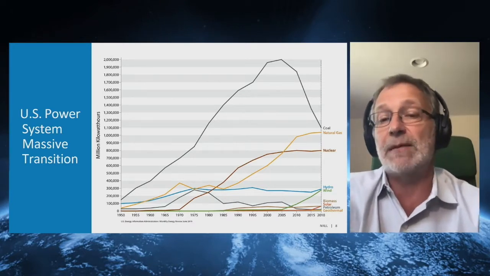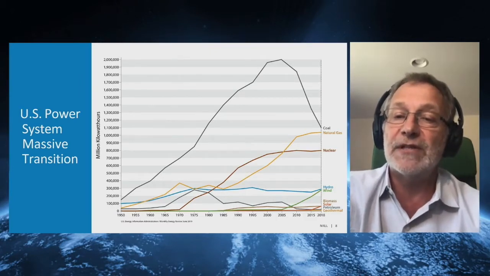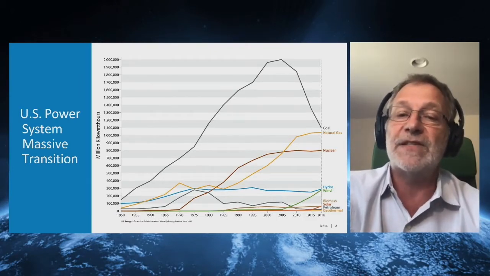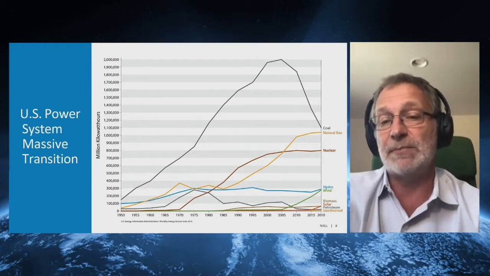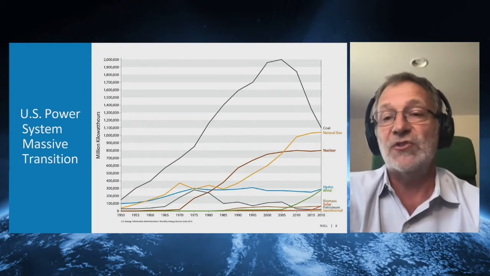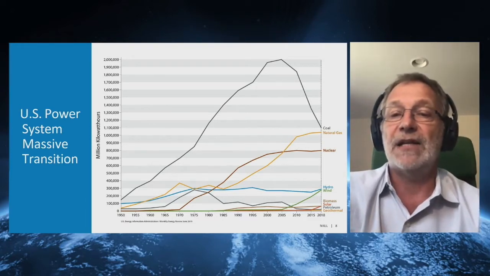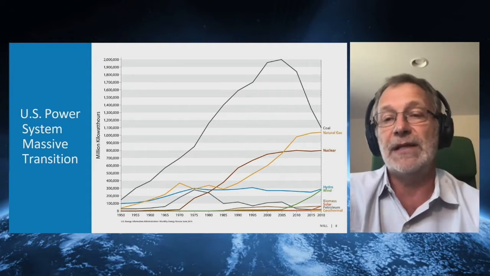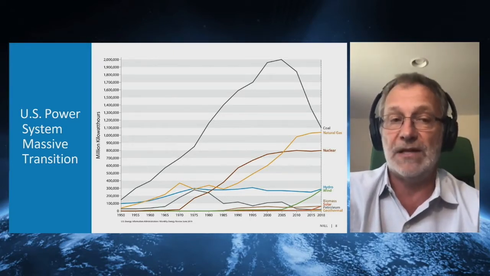Nuclear stayed pretty stable over the last 20 years or so, but now, down there a little bit still on the screen, suddenly we're seeing huge increases in wind, and over the last couple of years specifically also in solar. So a huge transition away from coal, originally to natural gas, and now increased capacity building in the United States is mostly around renewables, specifically wind and solar.